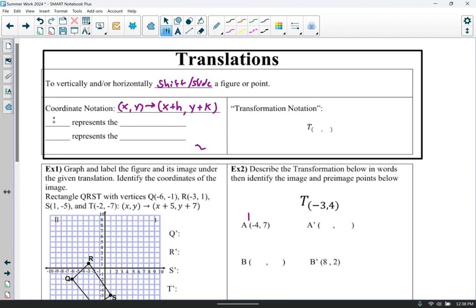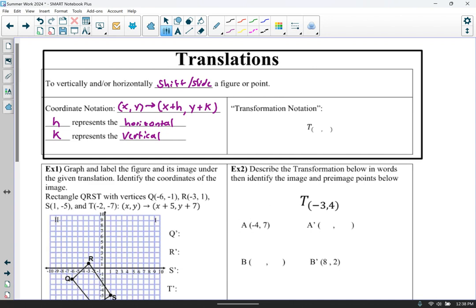So h represents our horizontal shift, because the x's go left, right, where a positive would be moving to the right, a negative would be moving to the left. And k represents our vertical shift, where a positive would be moving up and a negative would be moving down.